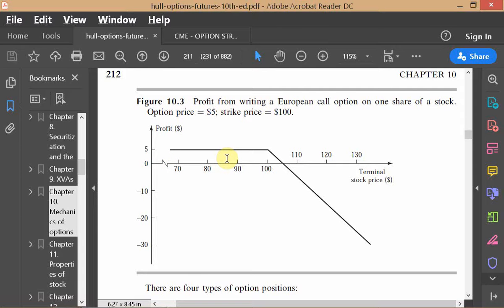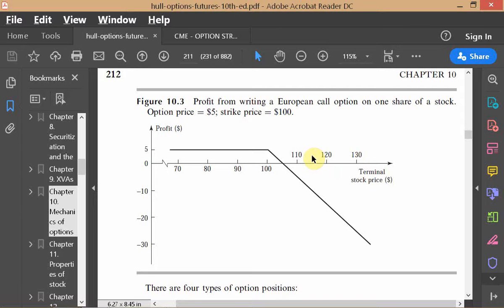Okay, the strike price is 100, you are the seller of the option. If the other guy is not exercising the option when the underlying asset price is below the strike, that means what kind of option is it? Call or put? Has to be a call, because the market is below the strike price.